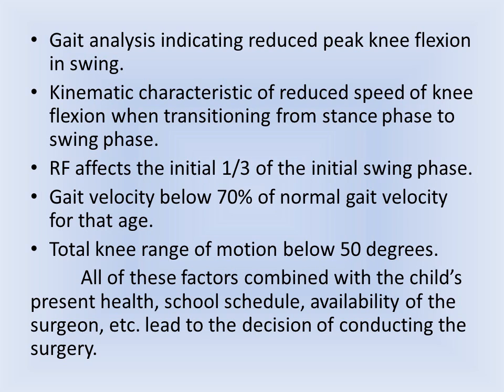Gait analysis indicates reduced peak knee flexion in the swing phase, and the initial one-third of the initial swing phase is reduced. Gait velocity is below 70% of the normal gait velocity for that age, while some orthopedicians also suggest surgery if the total range of knee motion is below 50 degrees.